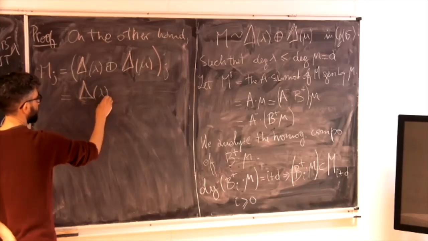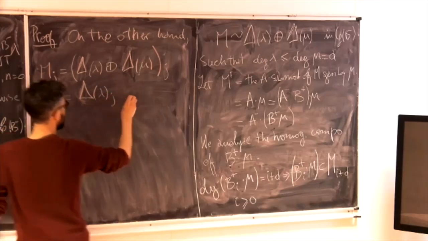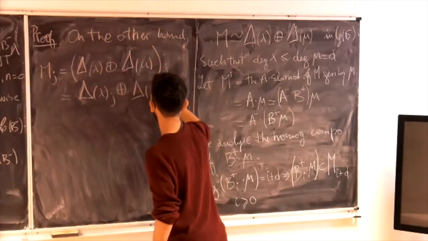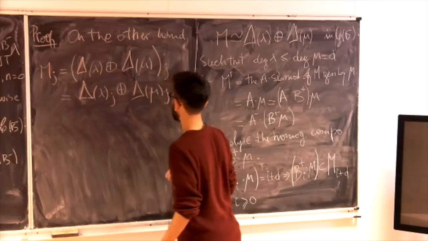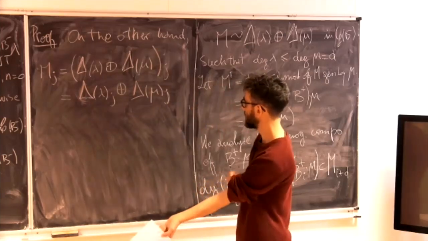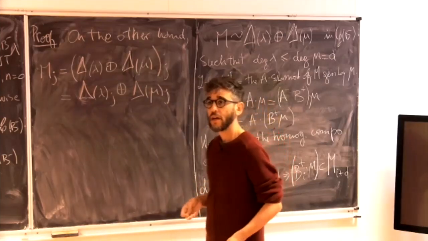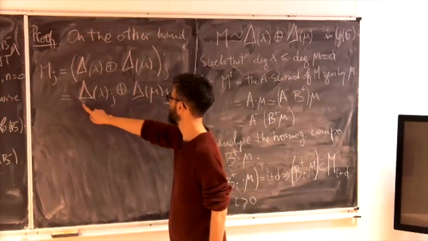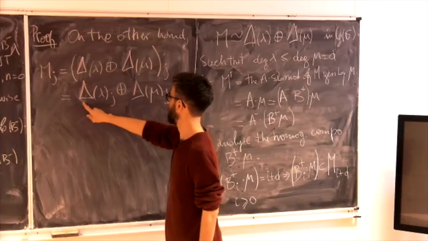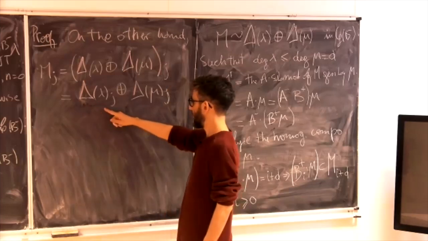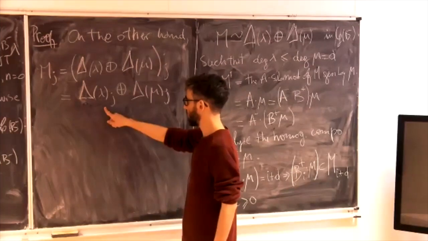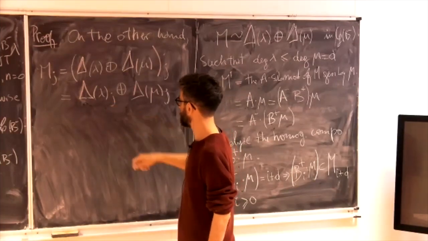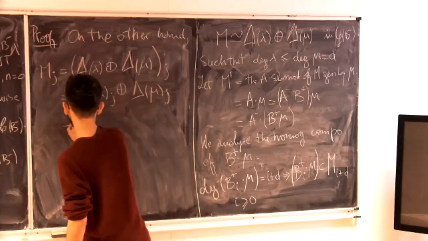So this is the homogeneous component of delta plus, and we know that the homogeneous components of the standard modules are contained in degree D. Okay, this is 0.